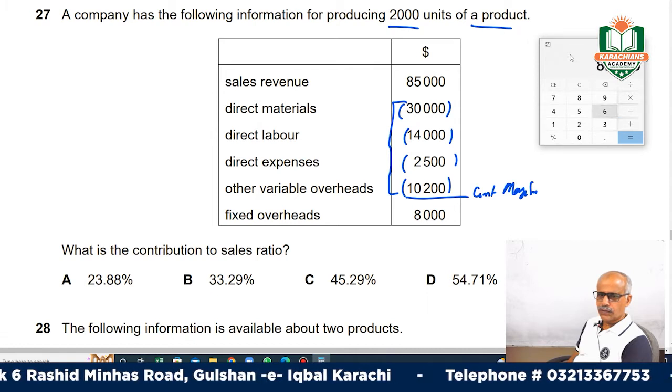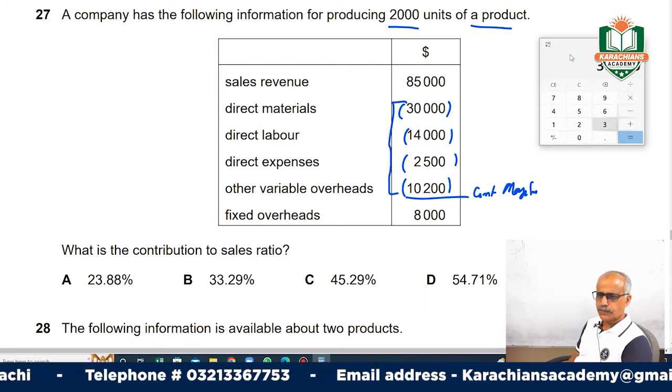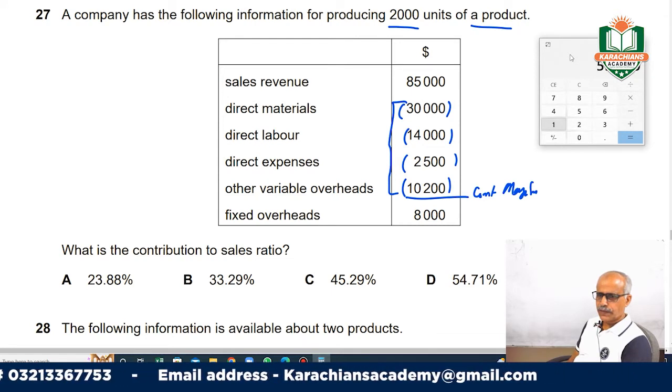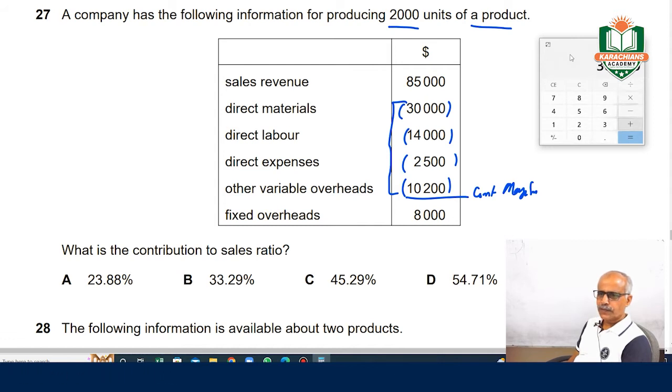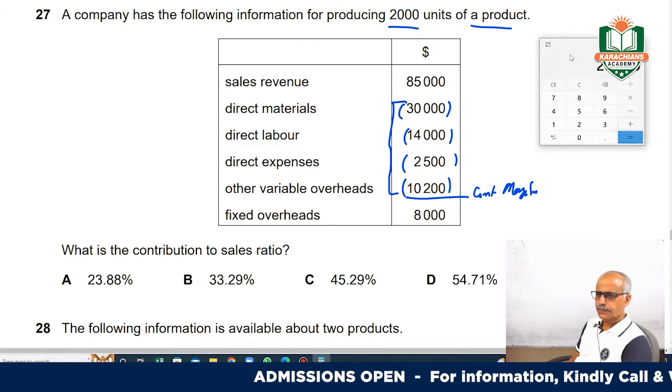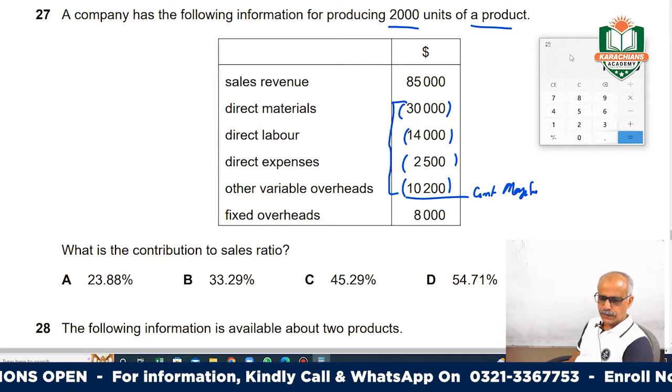Sales of $85,000, minus all the variable costs.